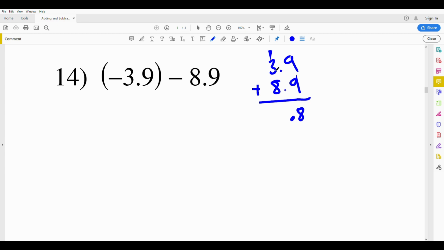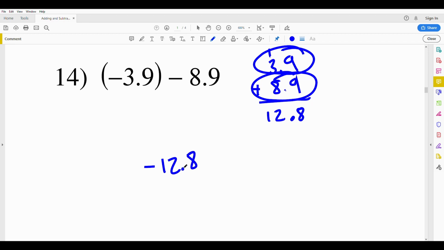So I'll carry that 1. 1 plus 3 plus 8 is going to be 12. But remember, I started with a negative 3.9 and went further into the negatives, so increasing my distance, but that result is negative. So this is a negative 12.8.